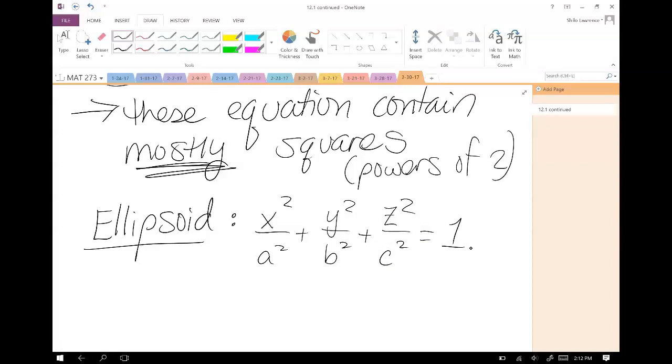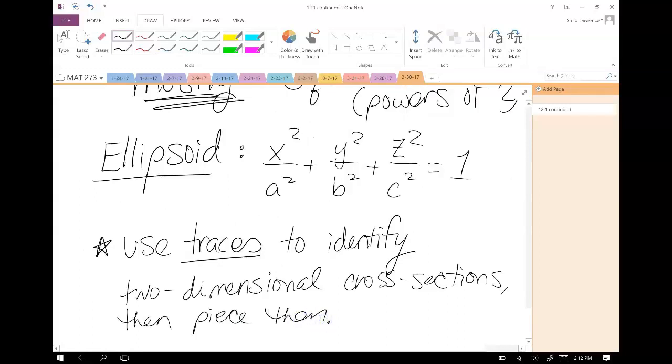Looks very similar to the ellipse we just did in the last problem, except it's got all three of them in there. So what we're going to do to help us identify these solids is we're going to use traces to identify the two-dimensional cross sections, and then we're going to piece them back together to create the solid.